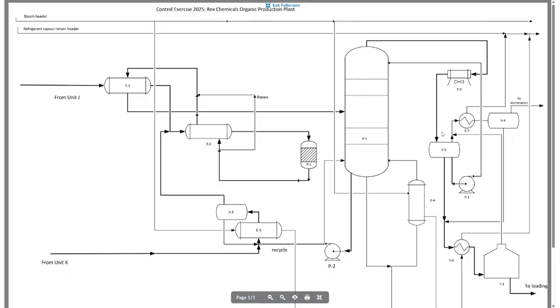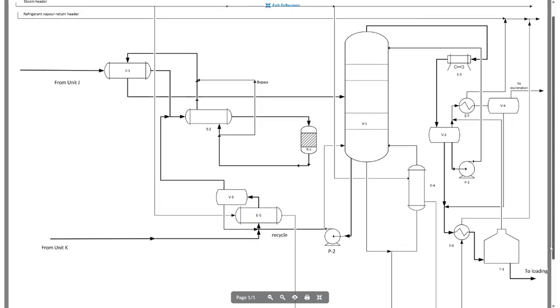Streams also pass through the vessels V2 and V4 respectively. Pressures are also changed using operating pumps like P1 and P2, which take flow from the distillation column or these vessels. After changing to the optimal temperature, streams go to heat exchangers like E6 or E7, and either rejoin the feed stream product or are stored in this tank T3.